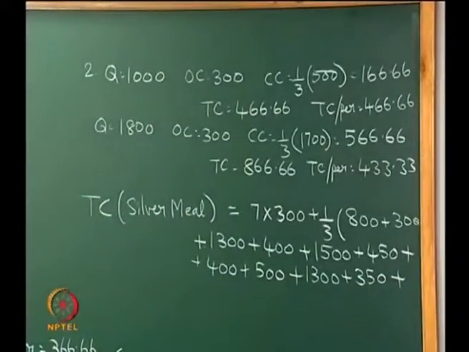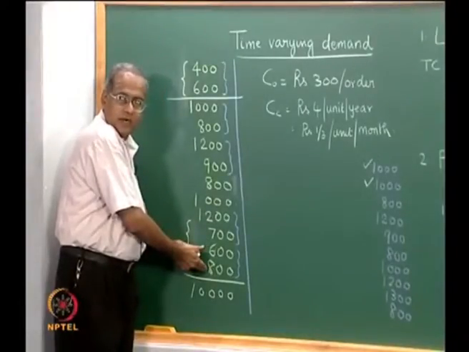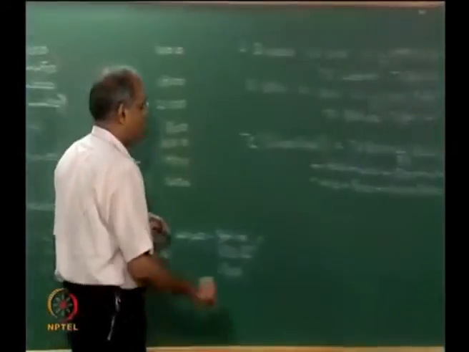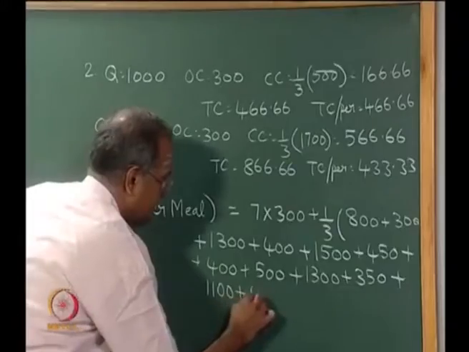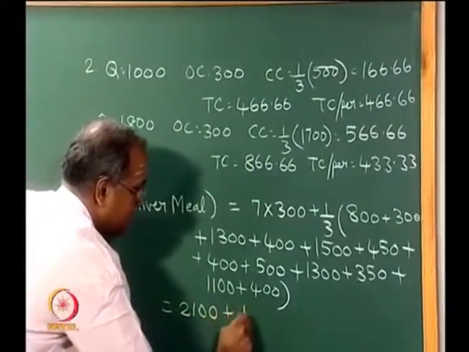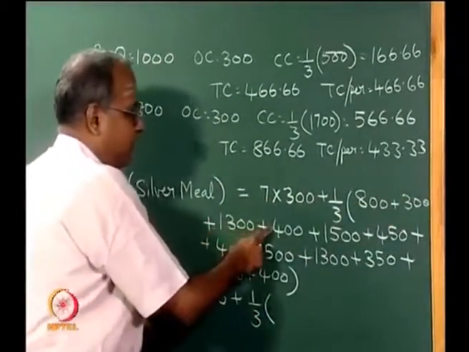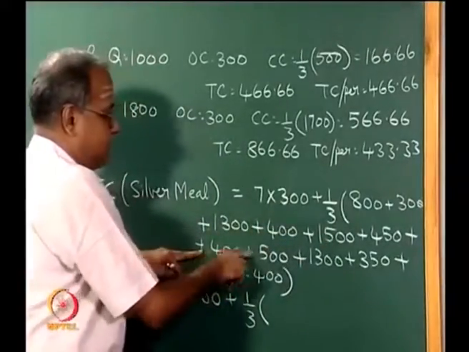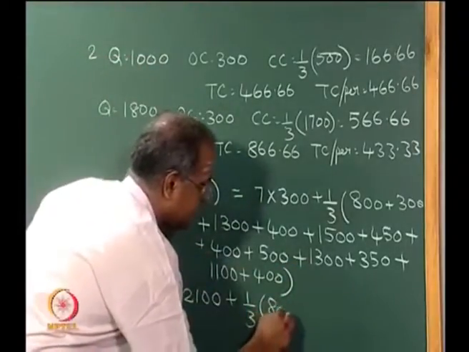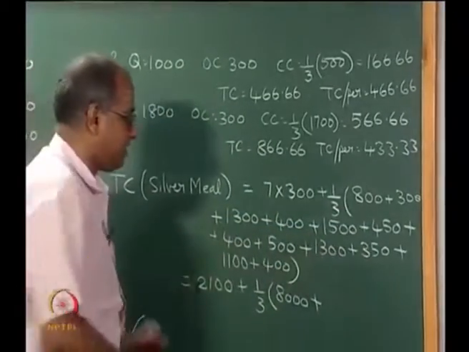The last one again I am combining. So I start with 1400 and end with 800. So 2200 divided by 2 is 1100 plus another 400. So 1100 plus 400. So this is 2100 plus 1 by 3 into 8 plus 3 is 11, 24, 28, 43, 47, 52, 65, 76 plus 480, 8000 plus 450 plus 350, which is another 800.